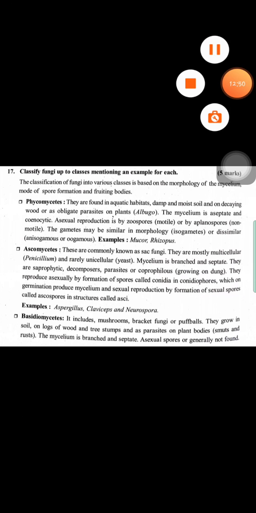The first is phycomycetes, second is ascomycetes, third is basidiomycetes, and the fourth is deuteromycetes. They may ask this for 5 marks.